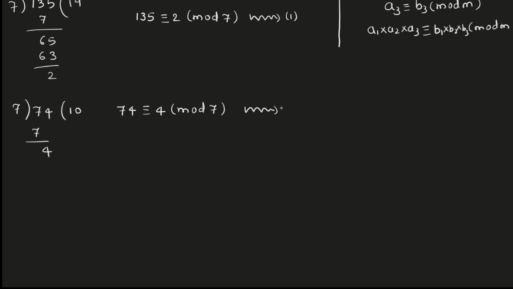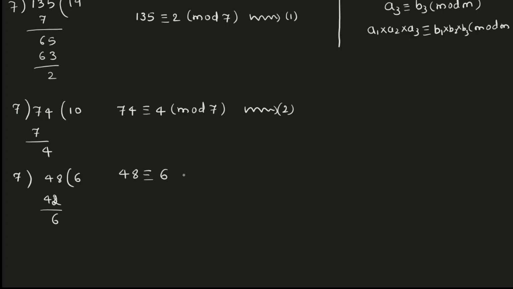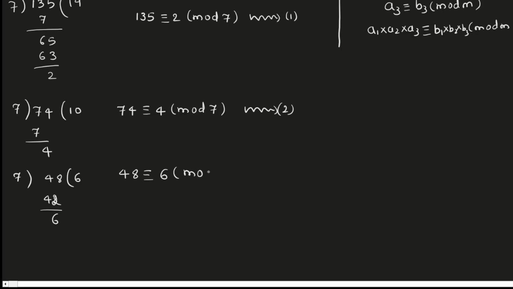Call this equation 2. Lastly, 7 divides 48. 7 sixes are 42, so the remainder will be 6. So it will be written as 48 is congruent to 6 mod 7. Call this equation 3.